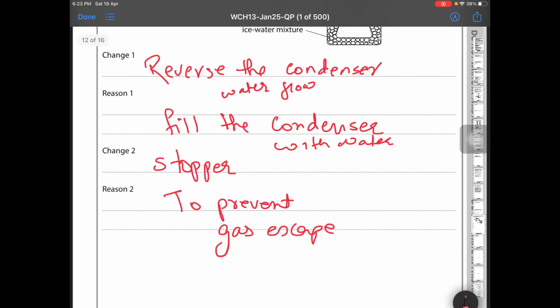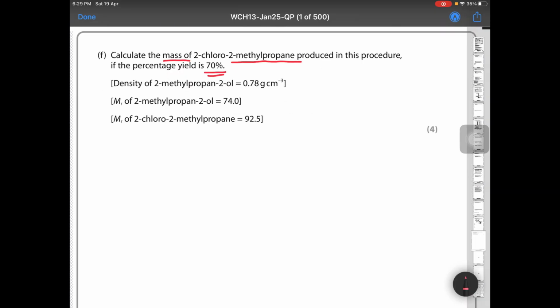Clear? In this question you have to calculate the mass of this product.